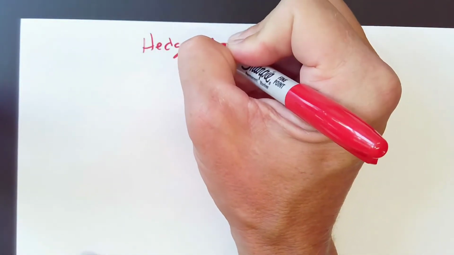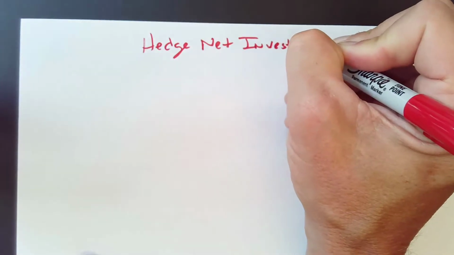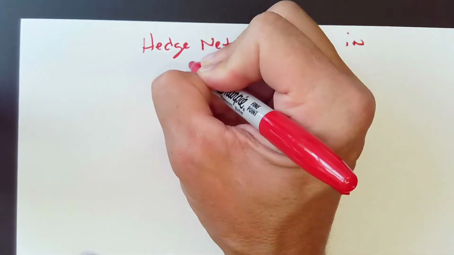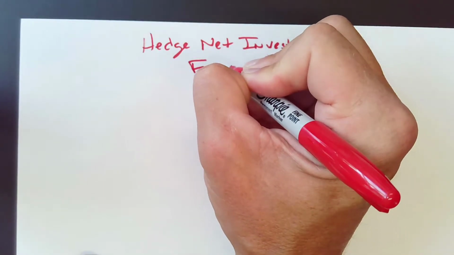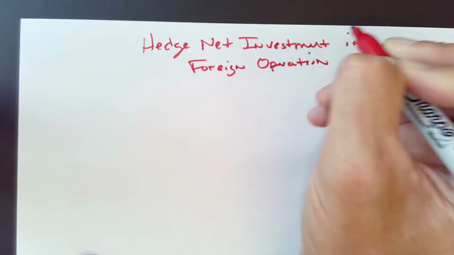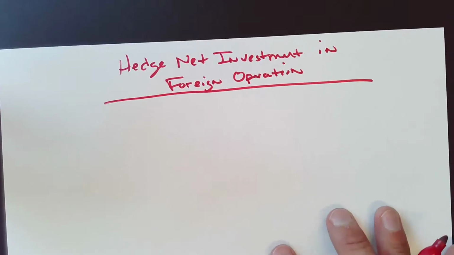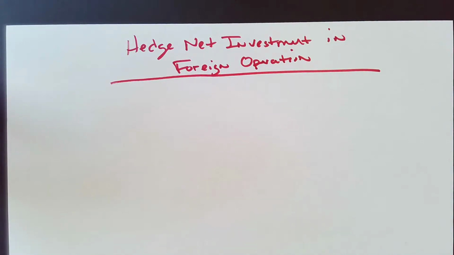The last thing we've got is looking at hedging the net investment in a foreign operation. So what's the accounting if we didn't do the hedge?